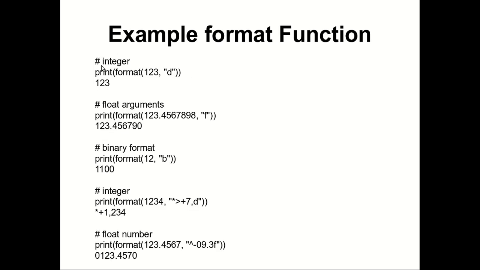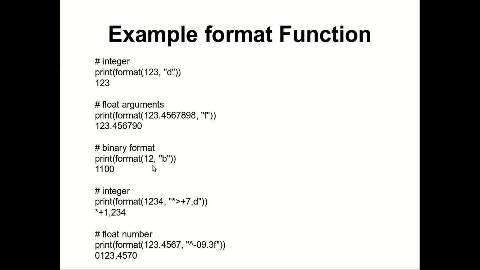For print format, 123D indicates that it is in integer format. Now look here, format 123.4567898 with F indicates floating point format. Floating point means it will round to 6 decimal places, no matter how long the decimal part is.